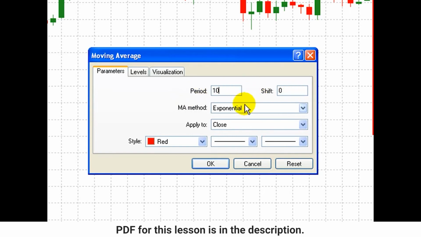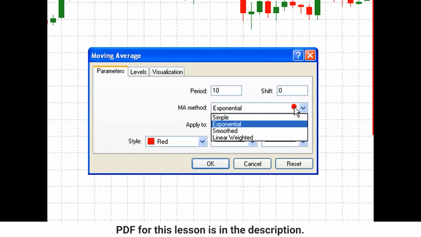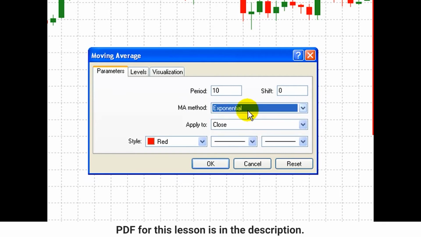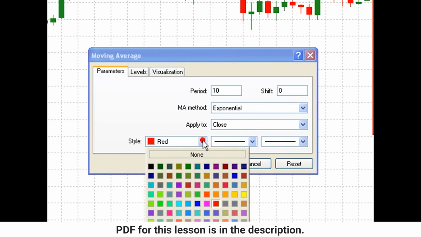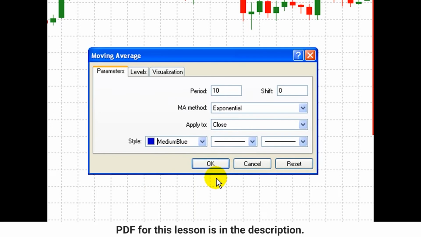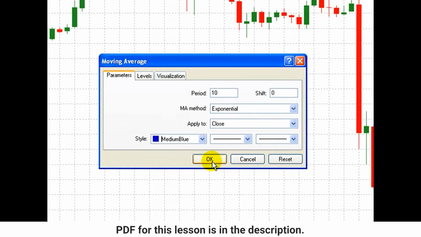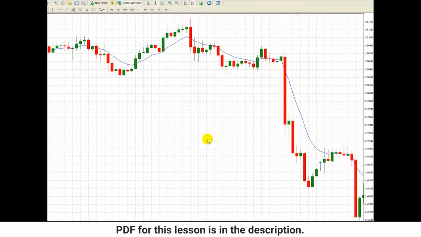We leave the shift as 0. We want exponential, not simple. We apply it to the close, and the 10 period moving average we will have in blue, as in all of the charts in the Trade to Success University course. Then we just click OK, and there you have it. That is the 10 period exponential moving average.